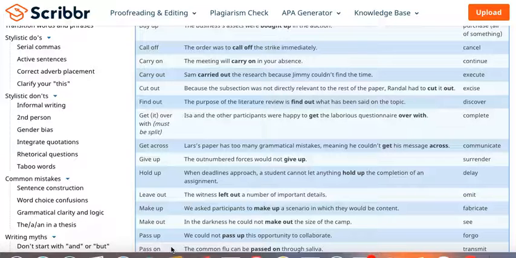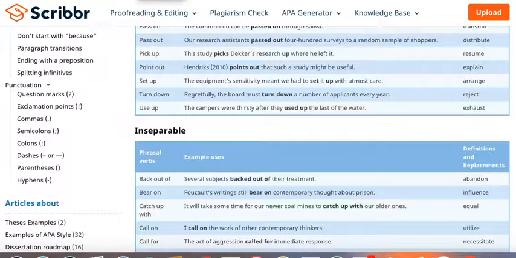Pass on. The common flu can be passed on through saliva. You know, saliva in your mouth? Helps your digestion. Passed on. What does it mean? Transmit. Next phrasal verb. Pass out.